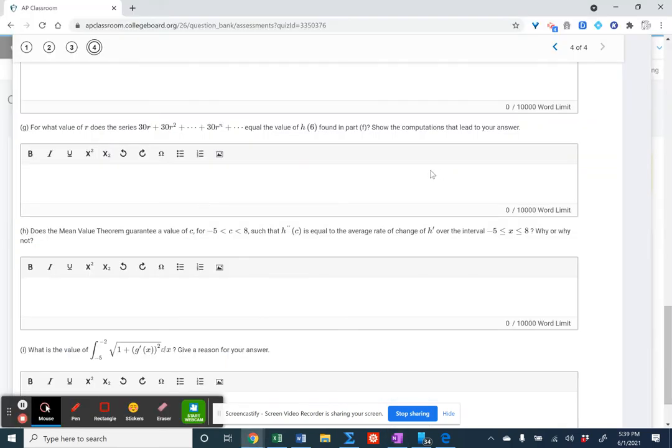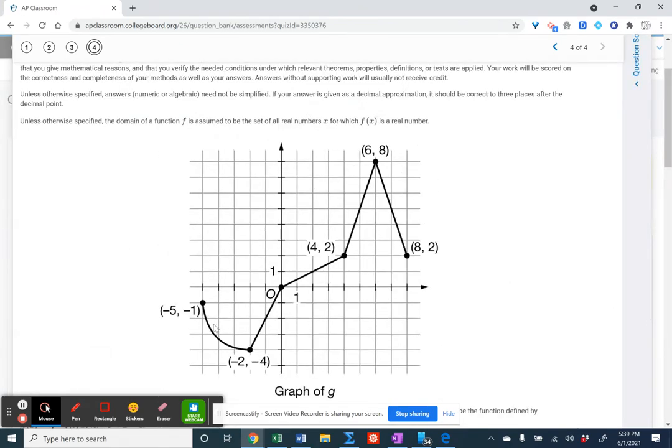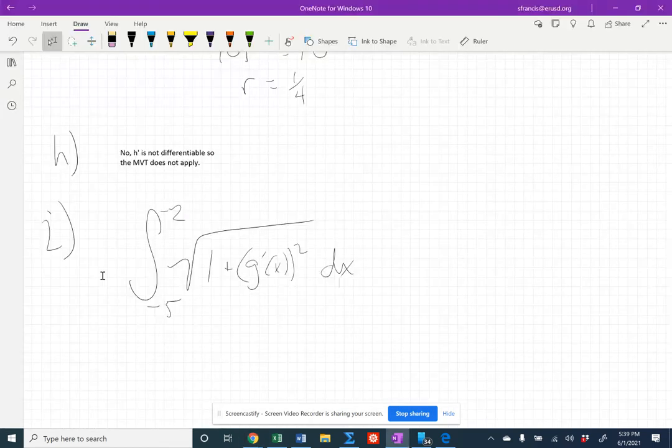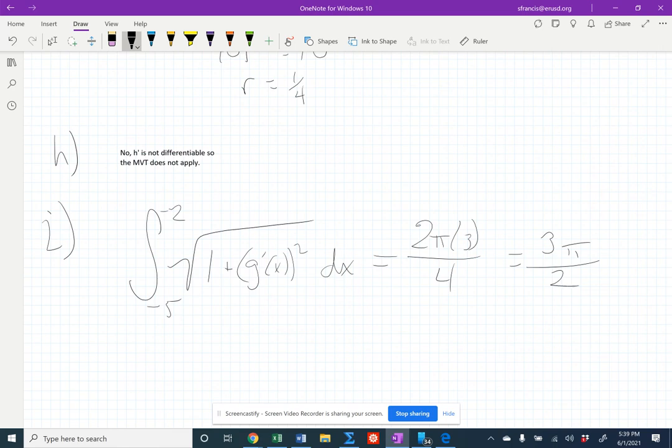And that is just the arc of a quarter circle of radius 3. So how do you find circumference? It's 2 times pi times the radius, but I only want a quarter of it. So it's going to be 3 pi over 2 when you do a little bit of reducing. And that's it. Go study.